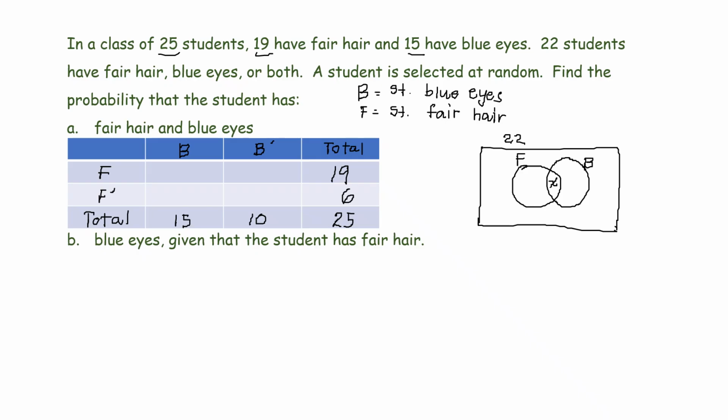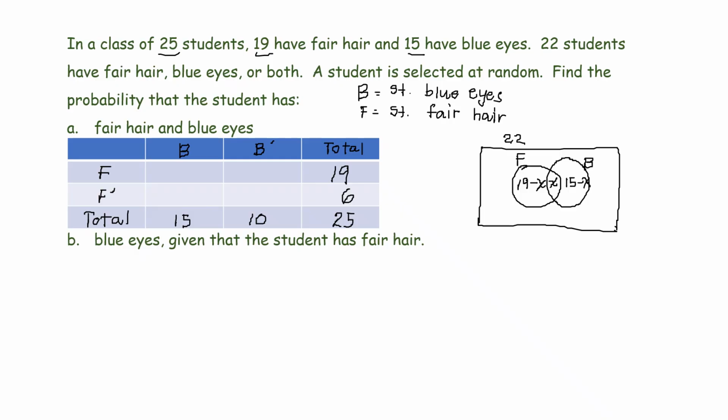So if there are 19 students with fair hair, this must be 19 minus X. And if there are 15 students with blue eyes, this means this is 15 minus X. In total we have 22 students.